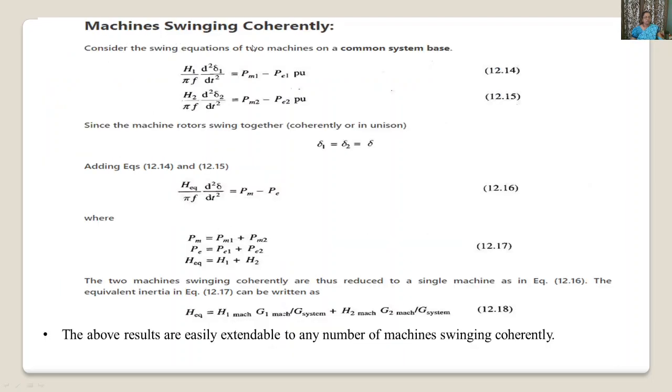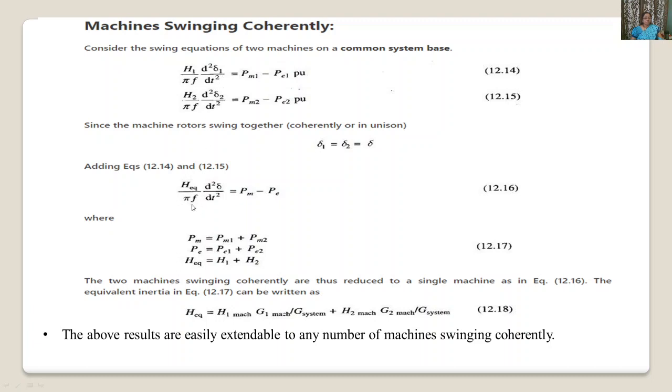Now suppose two machines are swinging together. Let's consider the swing equation of two machines on a common system base, for H1 and H2. Since the machine rotors swing together coherently, or in unison, del 1 is equal to del 2.